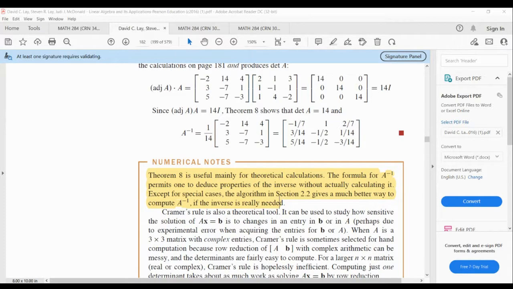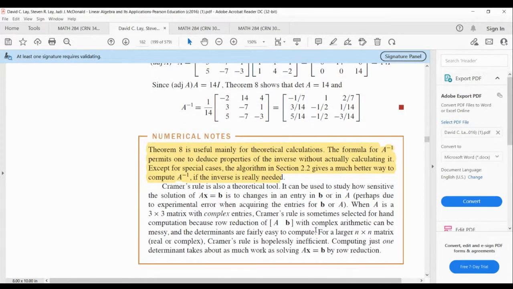Okay, so they make a comment here how Cramer's rule is used in theoretical applications as well, but they comment that for larger matrices, Cramer's rule is hopelessly inefficient.